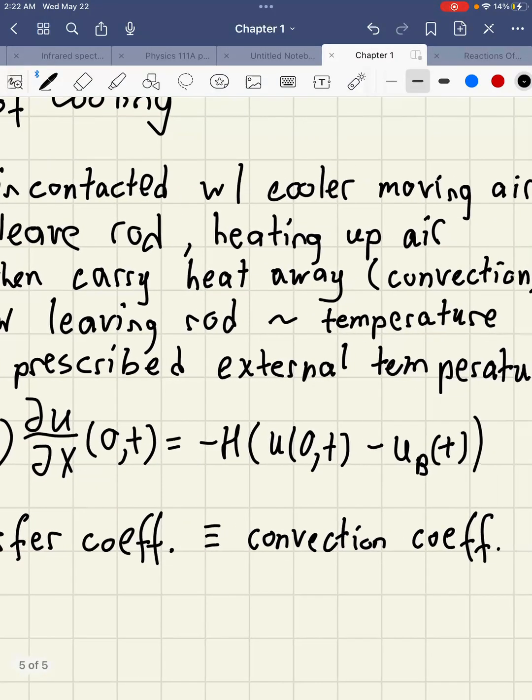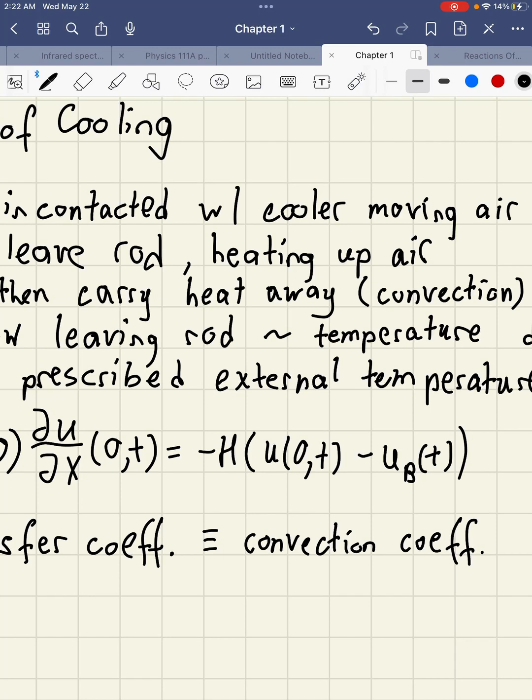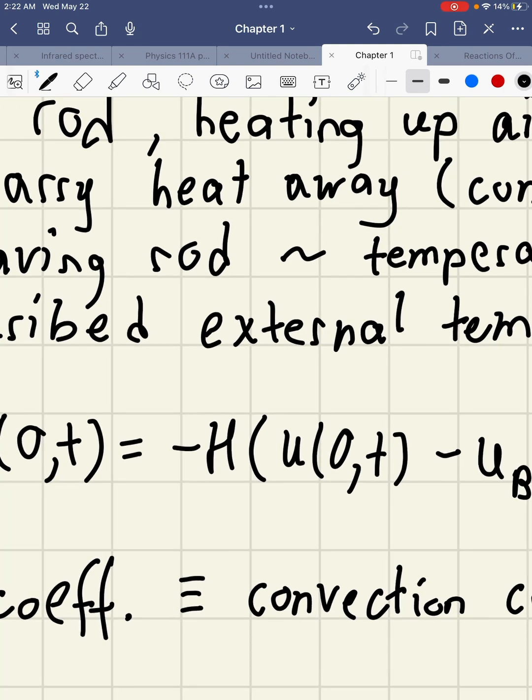Now, because the heat flow is going from the rod to the outside, the heat flux is negative. It's leaving outside. So the temperature difference we expect to be negative. Therefore we put this negative sign.